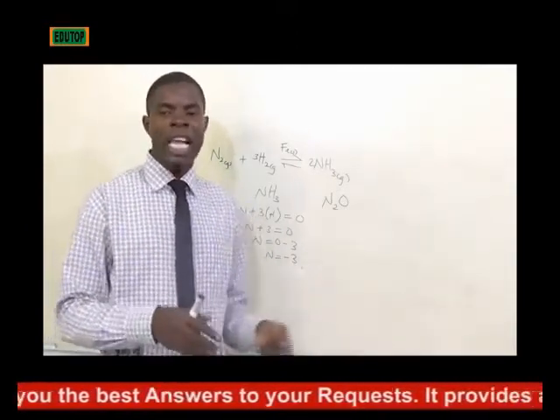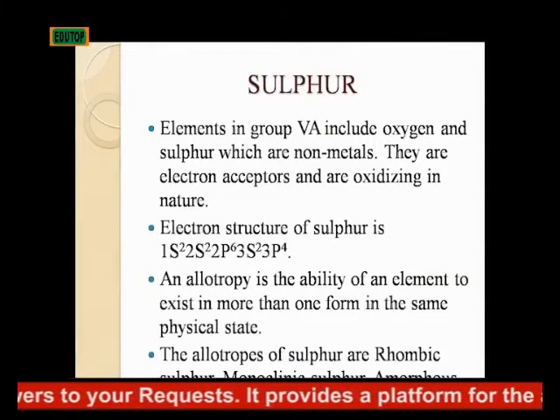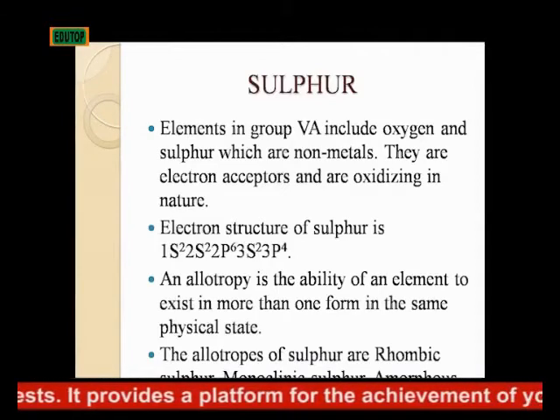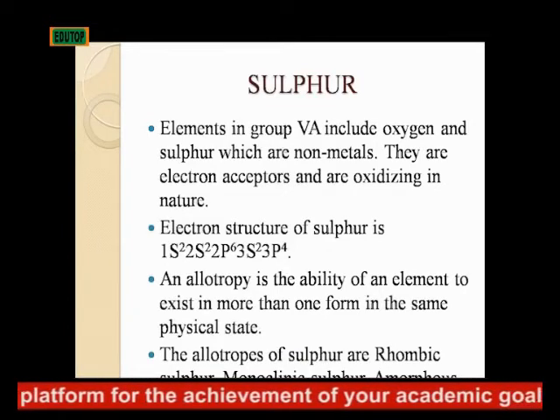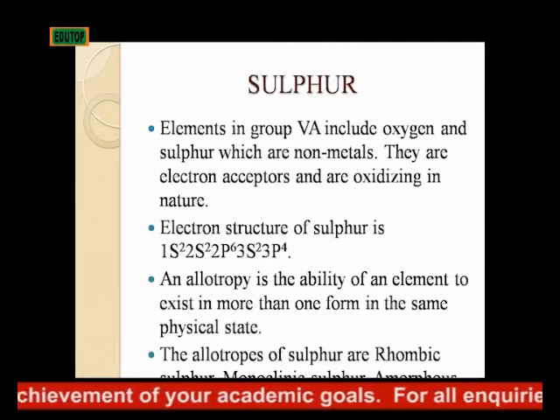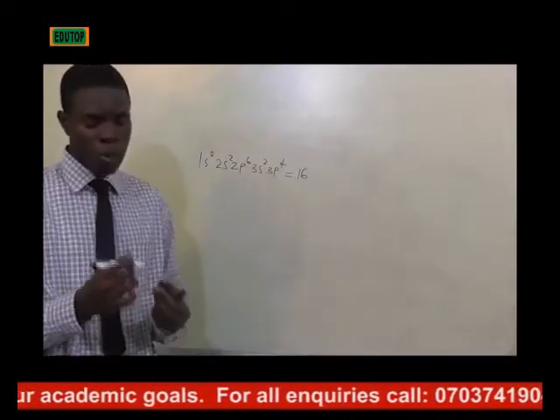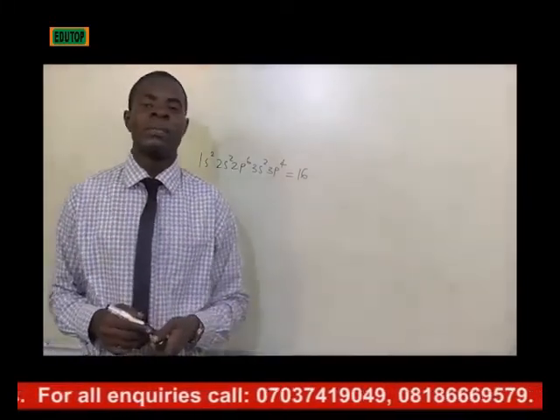non-metals. Electron structure of sulfur. The electron configuration of sulfur is 1s2, 2s2, 2p6, 3s2, 3p4, which is 16, because sulfur has the atomic number of 16.